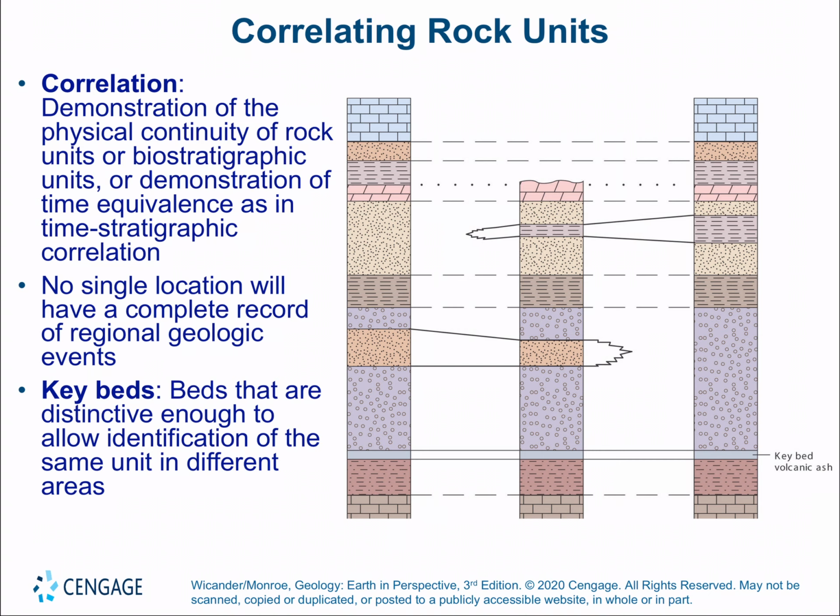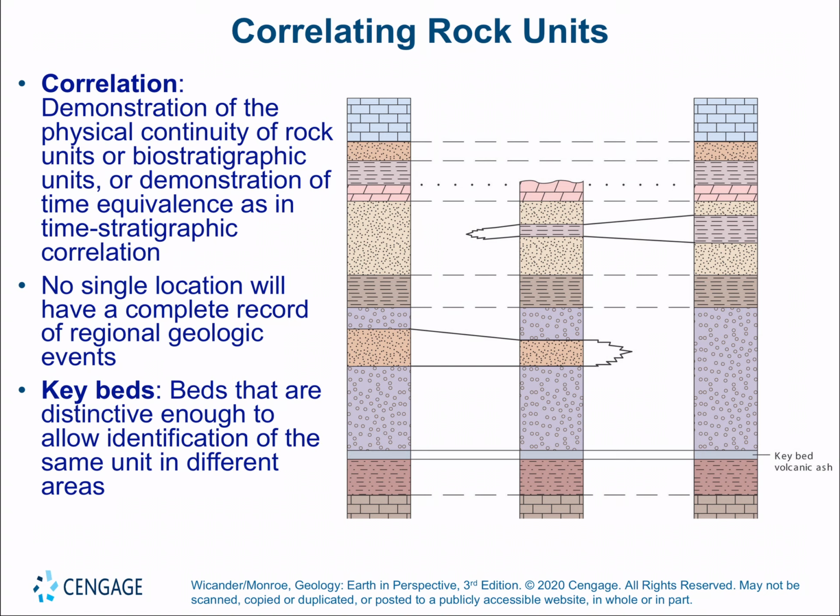We look for key beds, beds distinctive enough to allow us to go from location to location and know that they are the same beds. In these three columns, our key bed is the volcanic ash, so we can safely assume that ash was deposited at the same time.